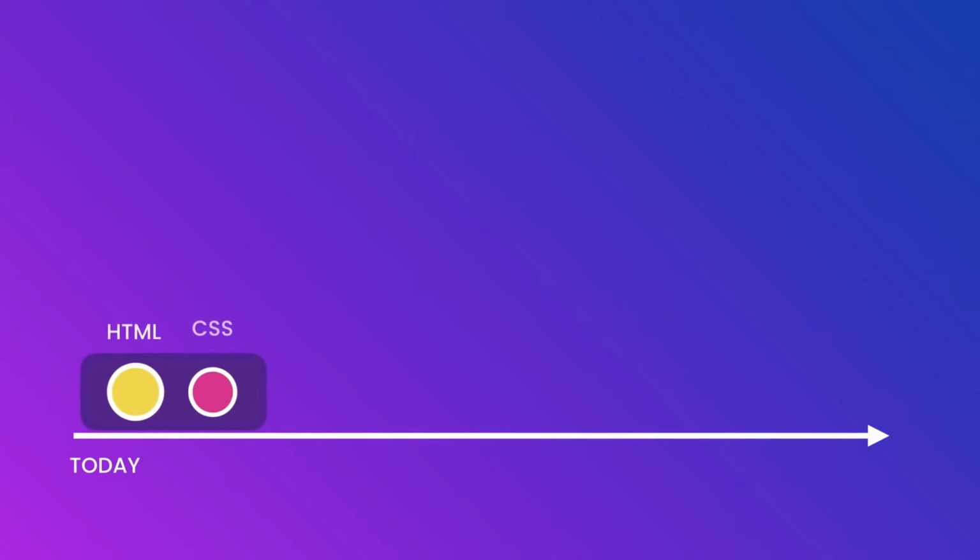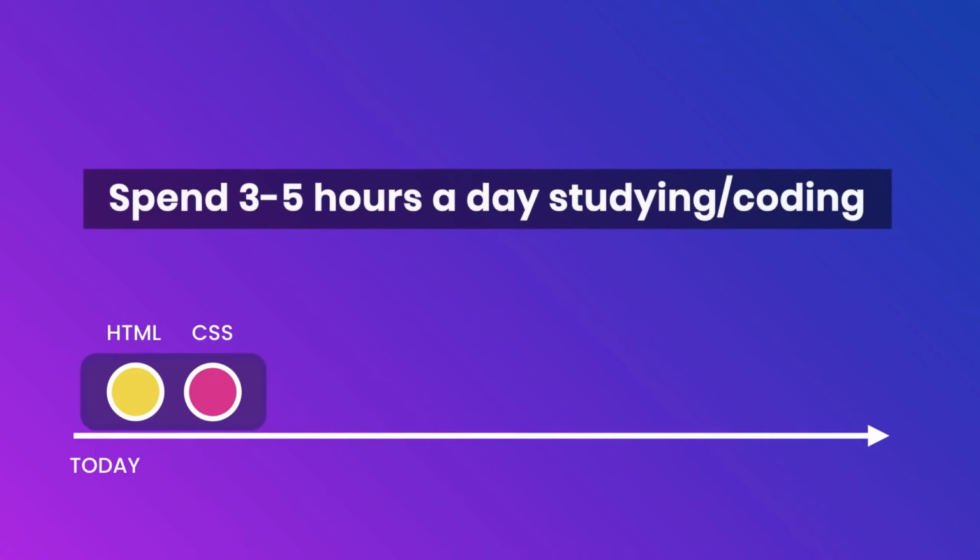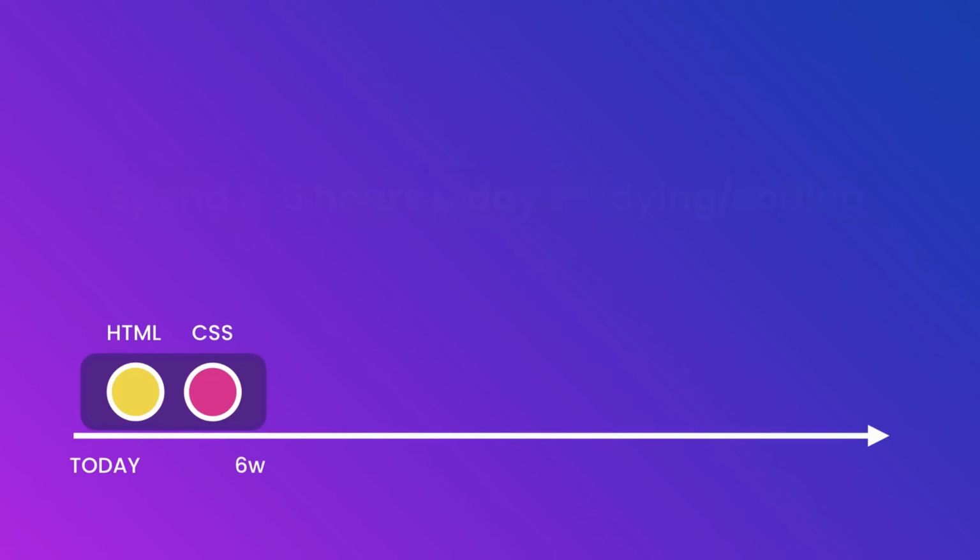So, your front-end development journey starts with HTML and CSS. I would say if you spend 3 to 5 hours every day studying and coding, you should be able to have a reasonable understanding of these two languages in a month or a month and a half. Once you learn these languages, then you need to learn JavaScript.